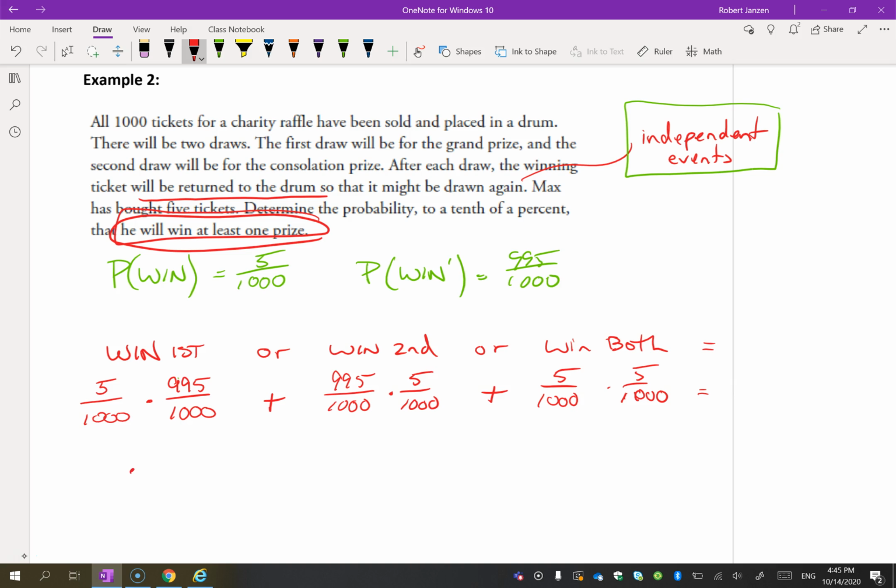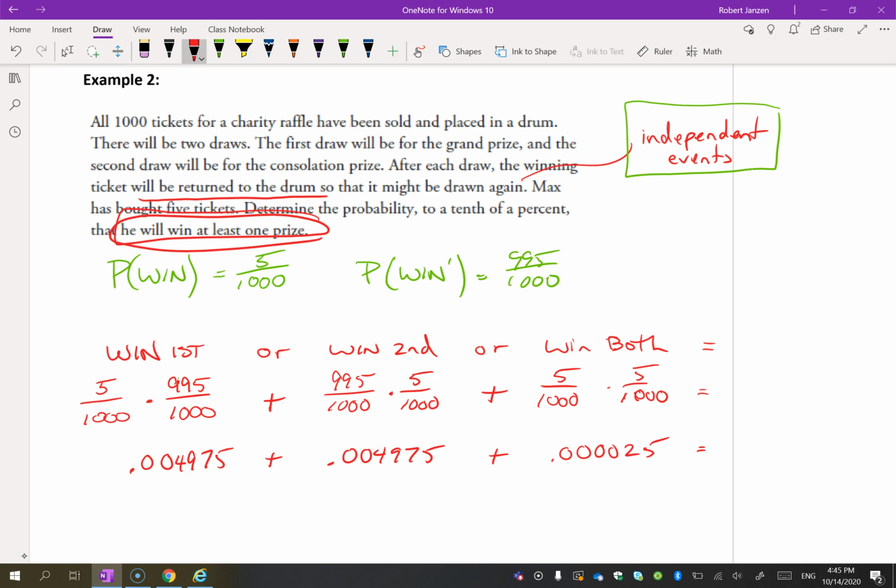So this is 0.004975. This is the same. And this is 0.000025.